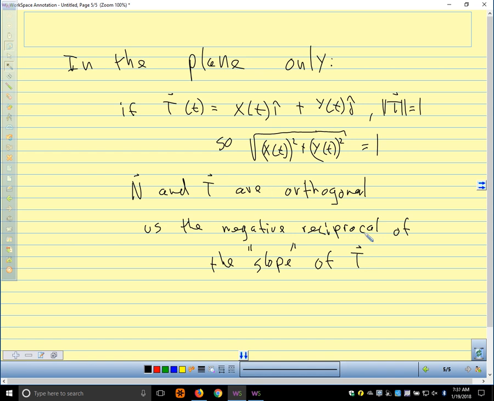We can use the negative reciprocal of the slope of T to find N.